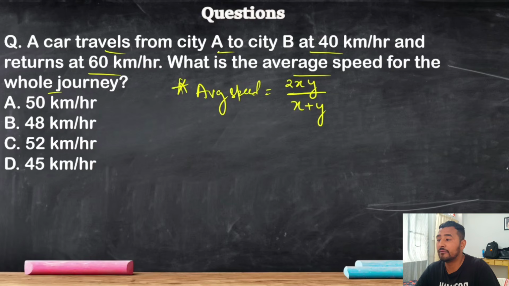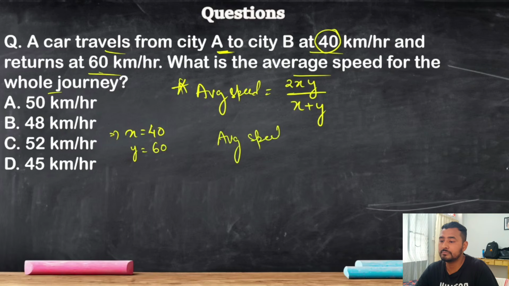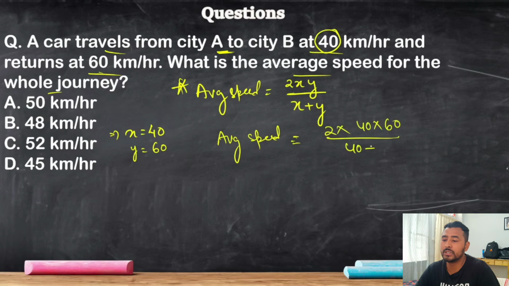So let us see. For city A, it is 40 km per hour. So let us take x as 40, and it returns back, so let us take y as 60. Now put in this formula, so average speed will be 2xy, 2 into 40 into 60 by 40 plus 60.